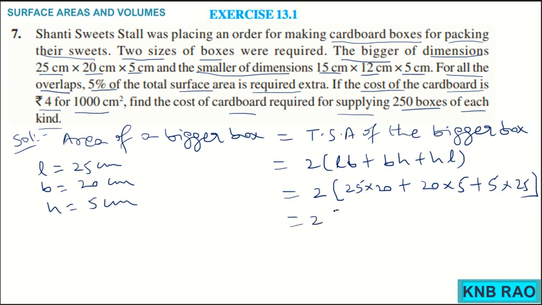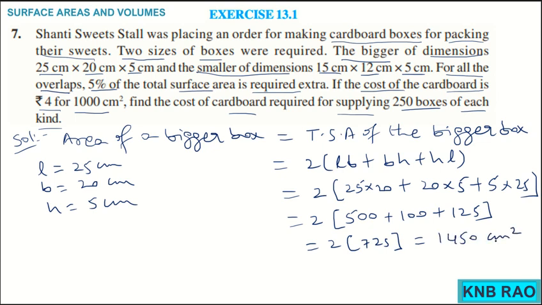That means 2 into 25 20s is 500, 20 5s is 100, plus 5 25s is 125, which is nothing but 2 times of 725, where we have got 1450 centimeter square being the area of the bigger box.